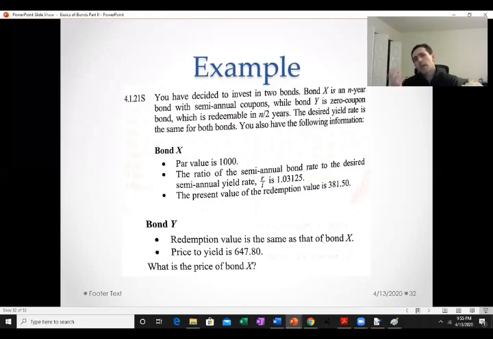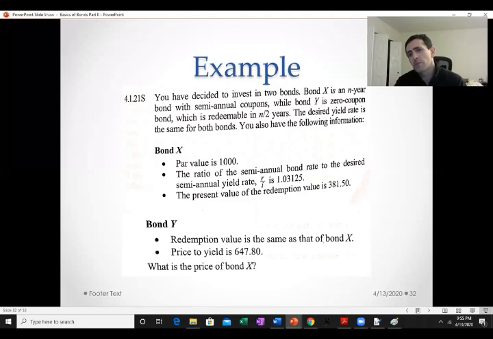I like to use J. Again, I like to reserve I for effective annual interest, but they're using I, so their I is our J. We're saying R over I is 1.03125. Present value of the redemption value, which is the C that I just mentioned, which is not the face value of this problem, is 381.50.